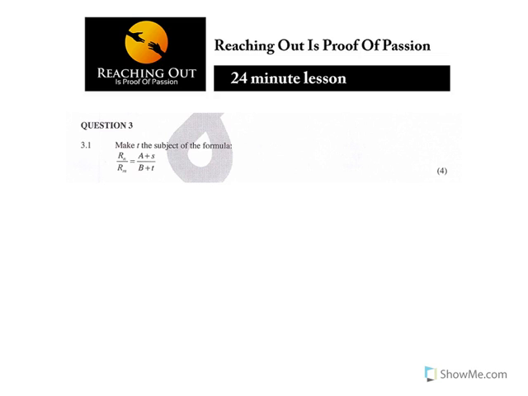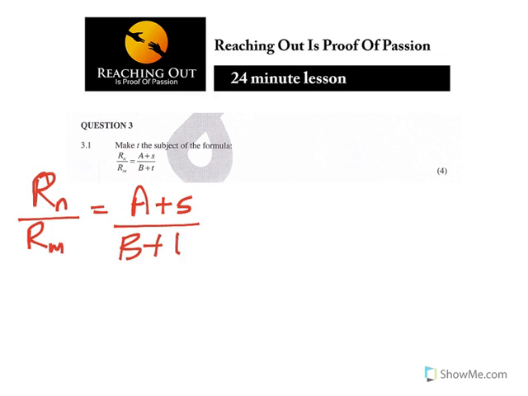Question number 3.1 says, we're now looking at the subject of the formula. It says, make t the subject of the formula. So what you have here is Rn divided by Rm is equal to A plus S over B plus T. In this case, you need to cross multiply.